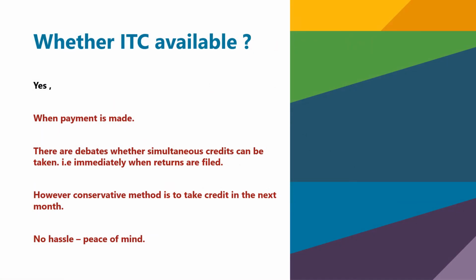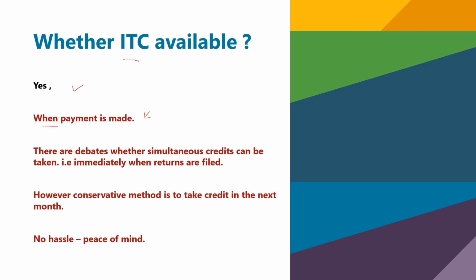So whether ITC is available: except for cases which I had mentioned that we'll cover in future deep dive sessions, it is generally available, yes, but only when the payment is made, ITC is available. There are debates whether simultaneous credits can be taken, like immediately they'll be paying the liability in this return, and side by side inputs can be taken, but that is quite risky, and the taxman will always take a contrary view.